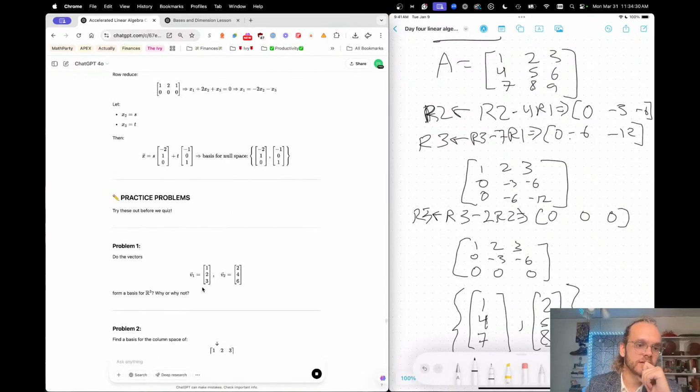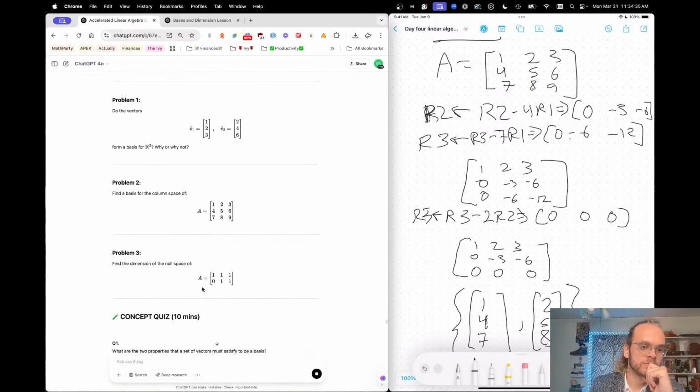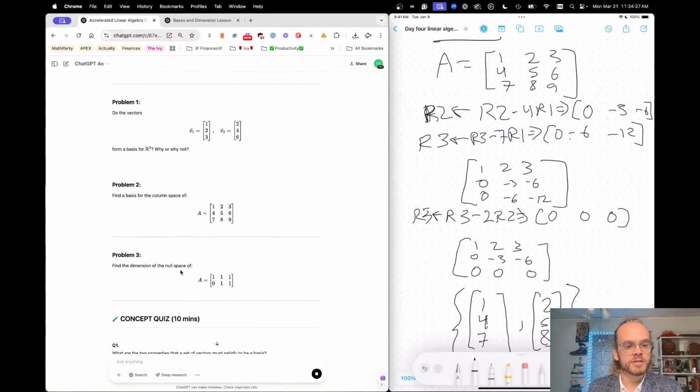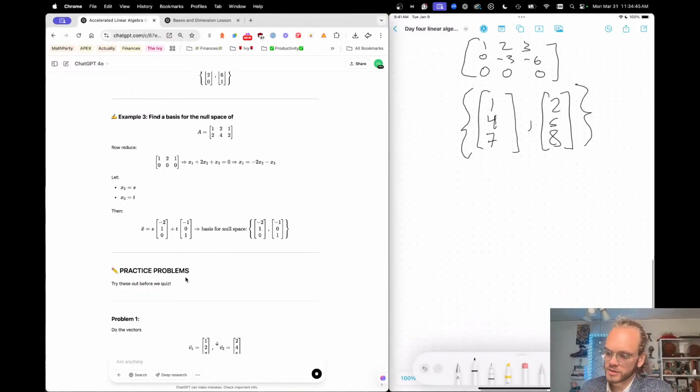Man, it's hard to find this. Dimension of the null space of this. So in the example problem, to find the null space, I need to set it equal to 0. I think I can do this. Problem 3.